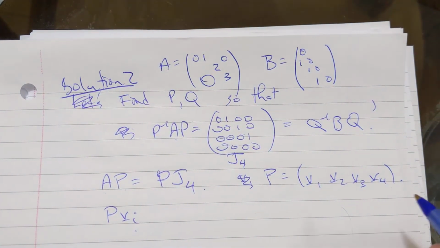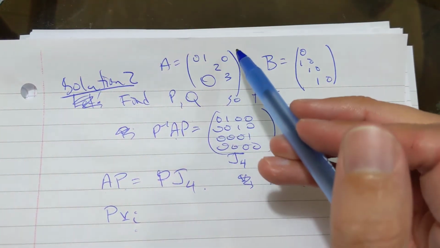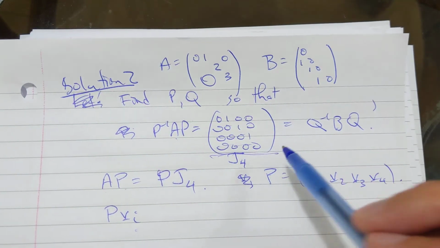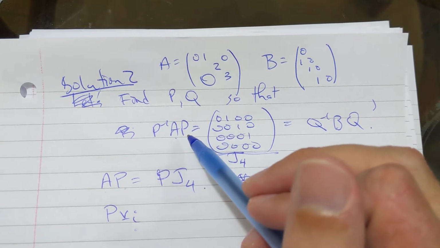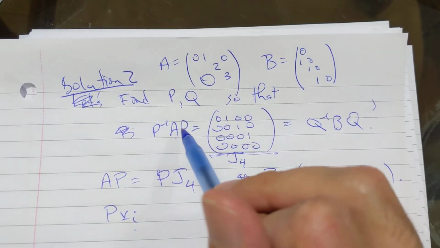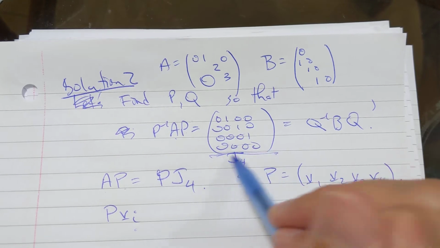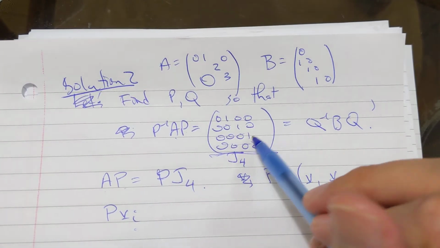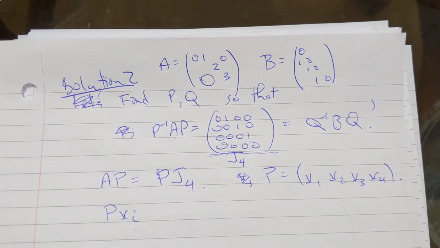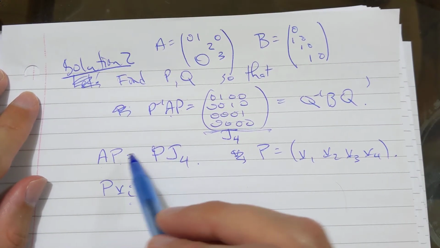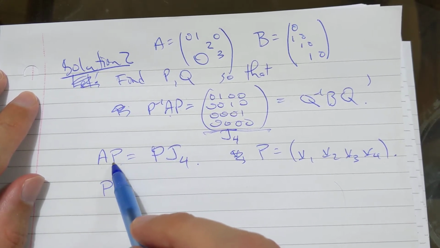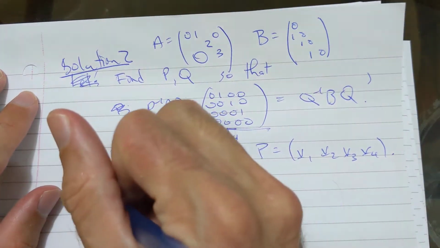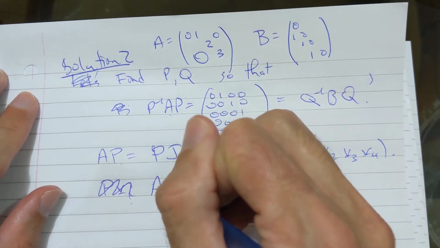Okay, we already showed that the Jordan normal forms are the same, this matrix. Now we're going to prove that their Jordan normal forms are equal to this by finding P such that P inverse AP equals J, and Q inverse BQ equals J. That means we need to solve AP equals P times J4, and the ith column of AP is just A times Vi.